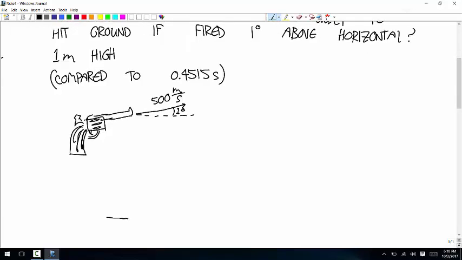Okay, so here's the ground. It's fired from 1 meter high. I'll put the coordinate system on the ground right beneath where the bullet is at time equals 0. So time equals 0 is going to be when it's fired.